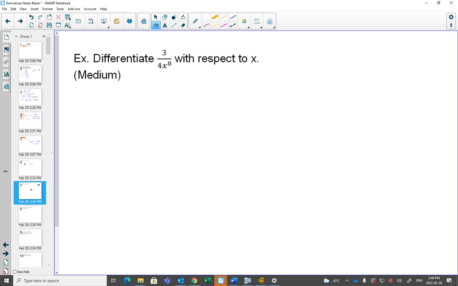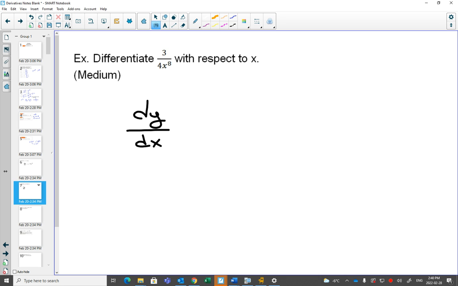Here's a medium level one. In a medium level derivative question, the wording of this question says, differentiate with respect to x. So it just wants you to find the derivative. So as far as your answer, you could choose any form. I'll go with dy/dx.